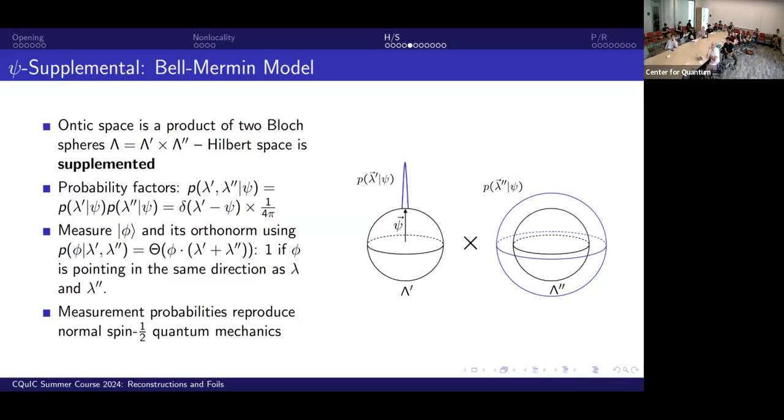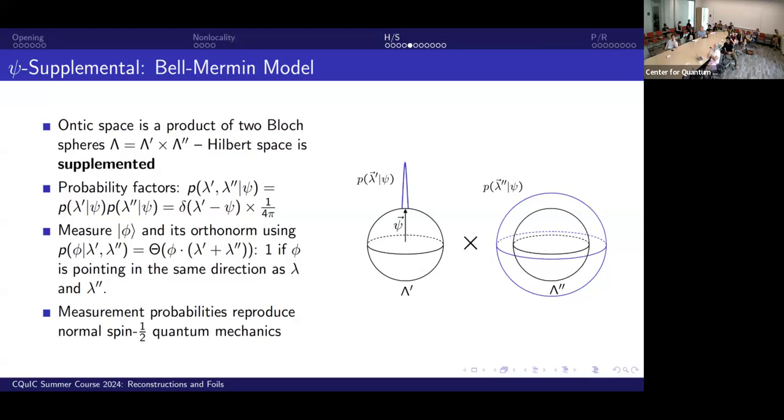And now, the way the measurement works with respect to these hidden variables here: the probability of getting some measurement outcome B, given that you have Bloch vectors lambda prime and lambda double prime on the two spheres, is given by this Heaviside step function.